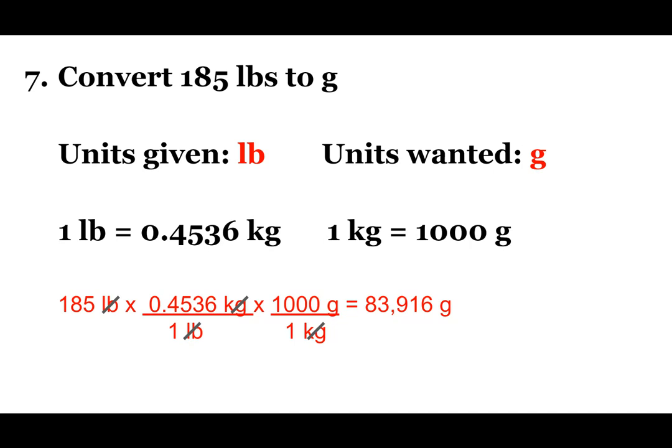So we do our second conversion factor. We have 1,000 grams in 1 kilogram. And we can cross out our kilograms. So now we can do the math of multiplying 185 times 0.4536 times 1,000, and that gets us 83,916 grams.